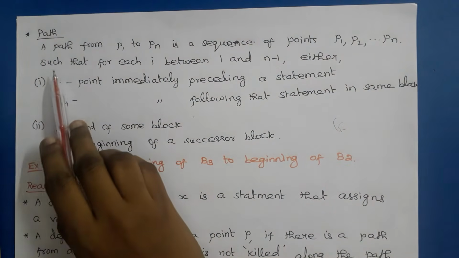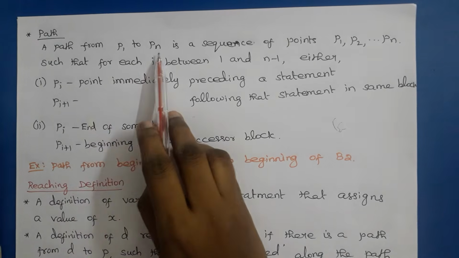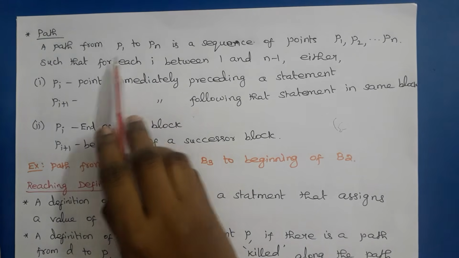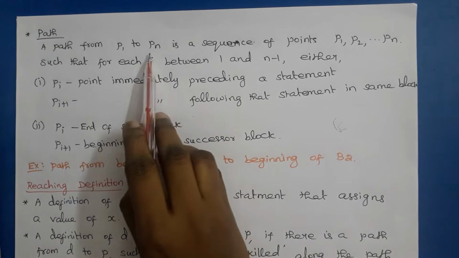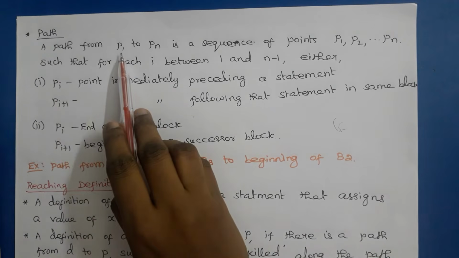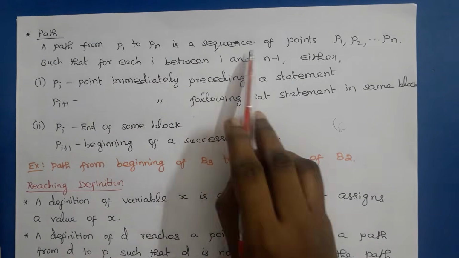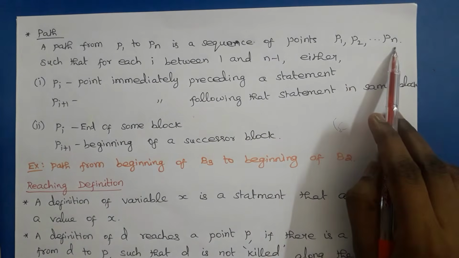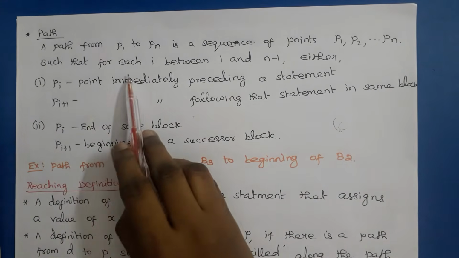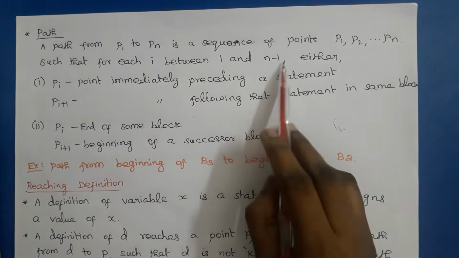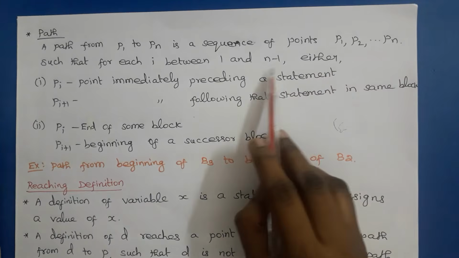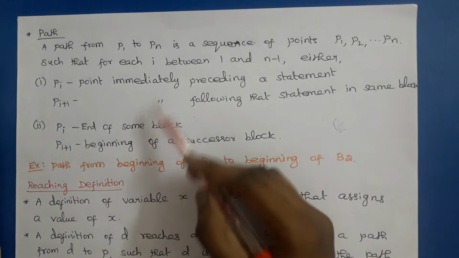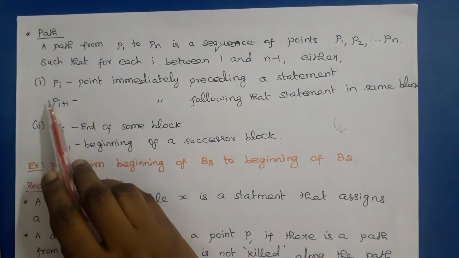Then the next term is path. A path from P1 to Pn, where P1, P2 up to Pn are points, is a sequence of points P1, P2 up to Pn, such that for each i between 1 and n minus 1, either of these two conditions holds.